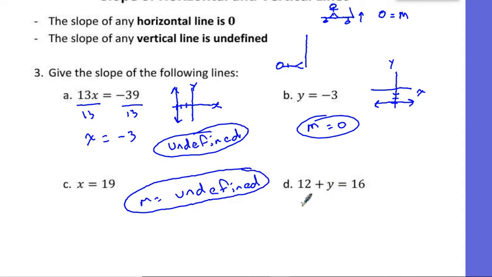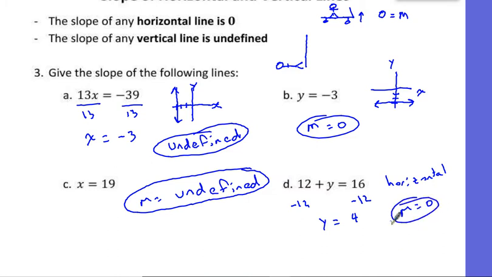Letter D, we isolate y by subtracting 12 from both sides of the equal sign, and we have y equals 4. This is a horizontal line, and horizontal lines have a slope of 0.